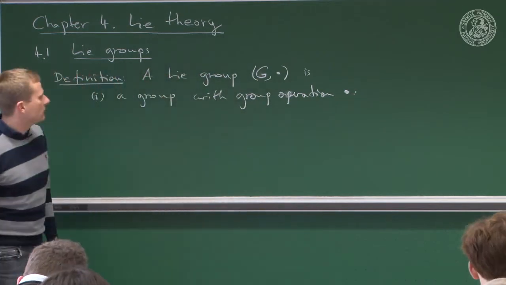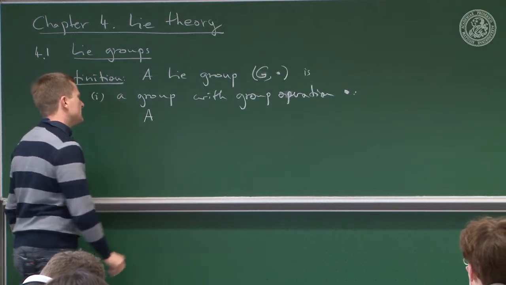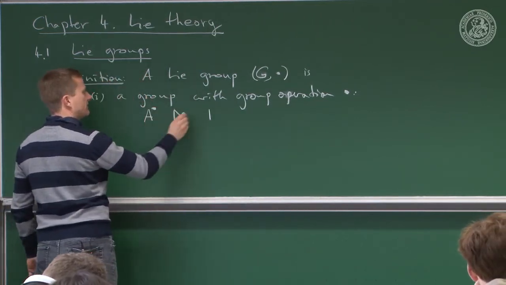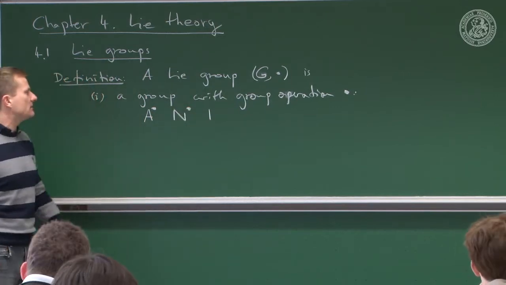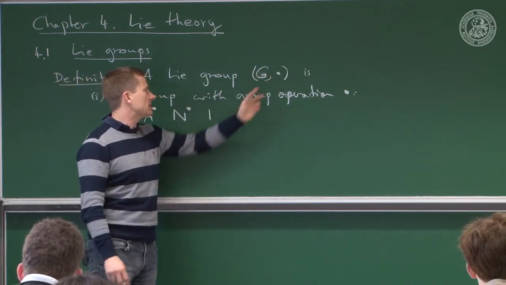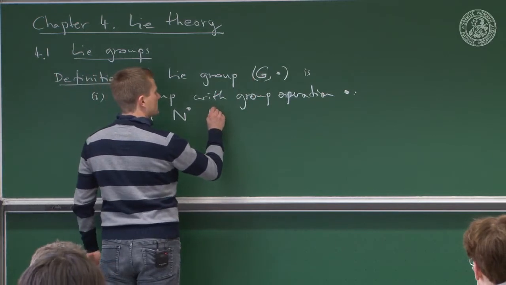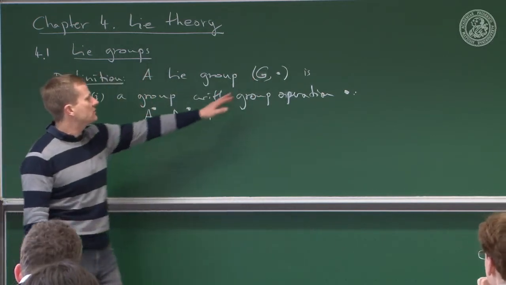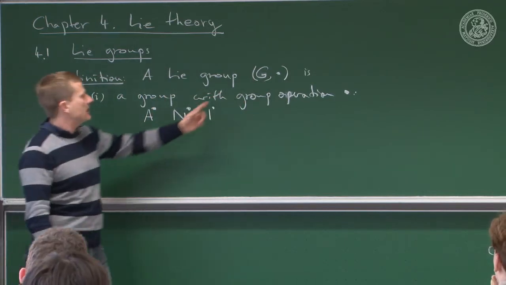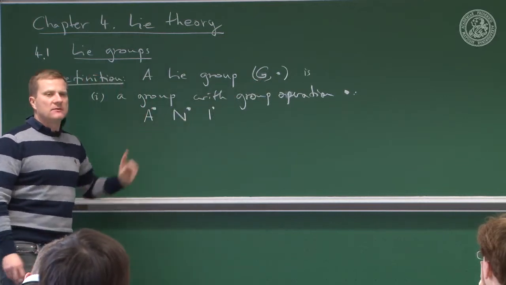And that means that the group operation blob satisfies the properties A and I. So blob is associative. There's a neutral element in G such that that neutral element blobbed with any other element yields that other element again. And there's an inverse element. For each element in G, there is an inverse element such that taking the element and blobbing it with the inverse, you get back the neutral element.